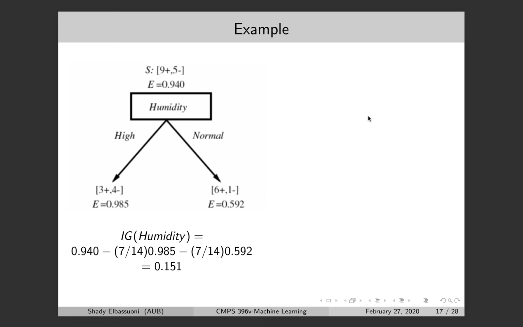So the information gain that I acquire by splitting on humidity is 0.151.